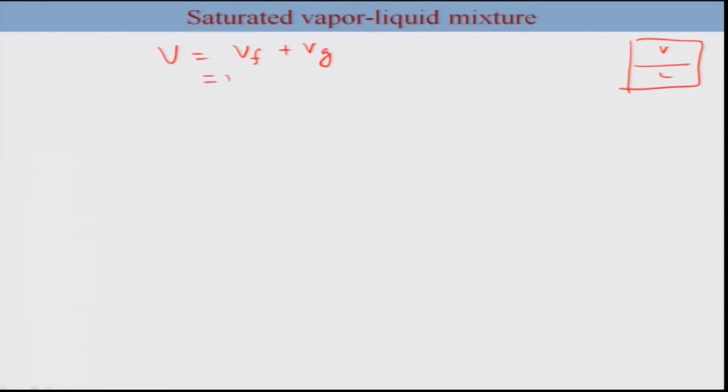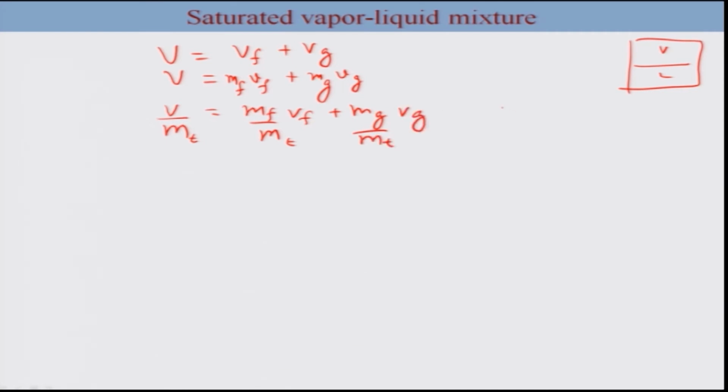So this would be your mf vf plus mg vg, and this is your total volume. Now you can divide this by your mass. So this is going to be v equals mf by m total, this is total mass, vf plus mg by m total vg.